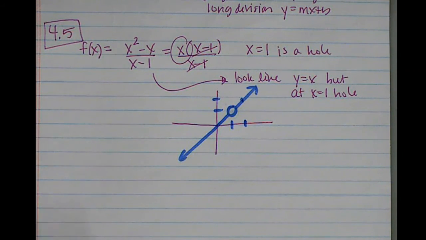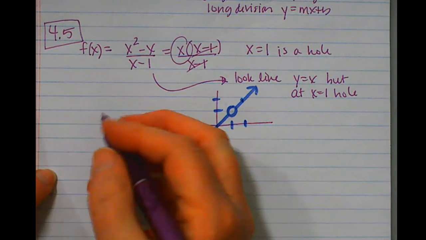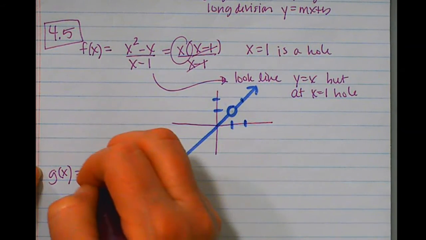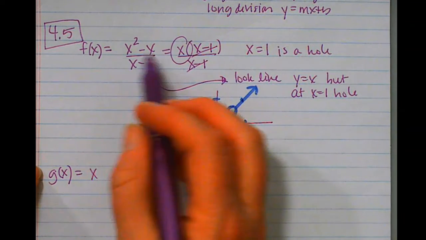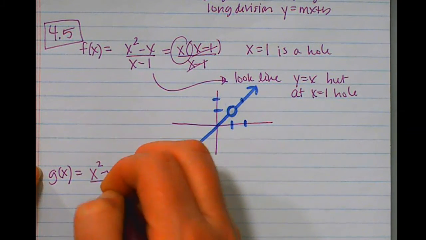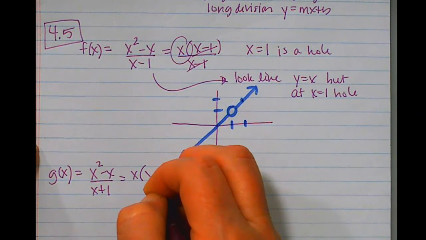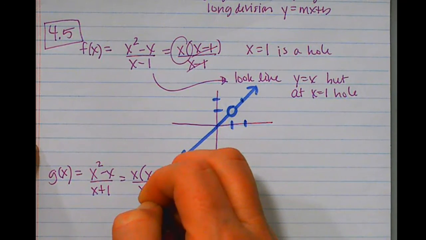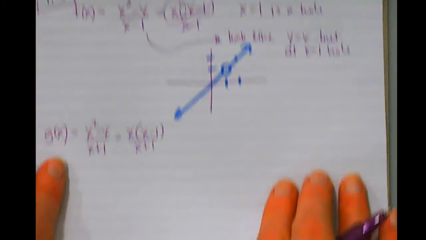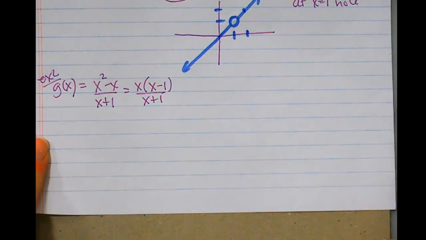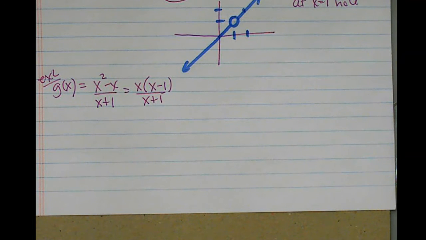Let's graph the same kind of function, but let's change the denominator. So let's say g of x is going to be x squared minus x. But let's make it x plus 1 on the bottom. And now we're going to go through our whole long list of stuff.